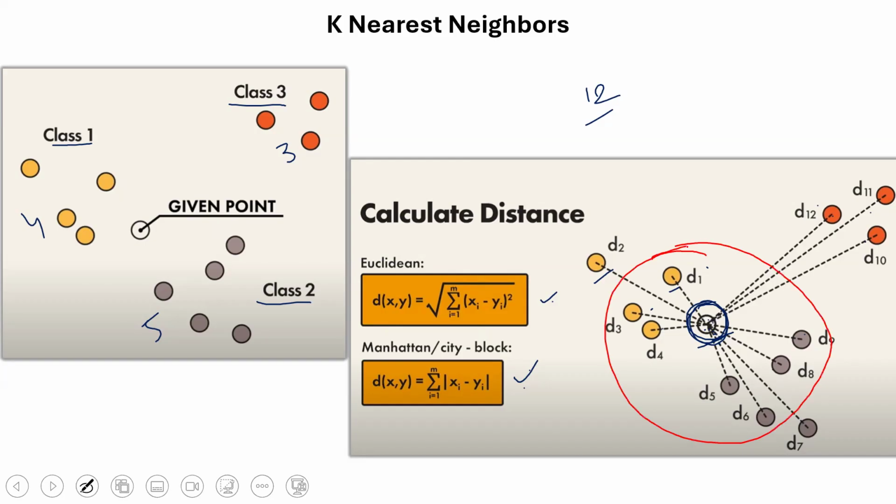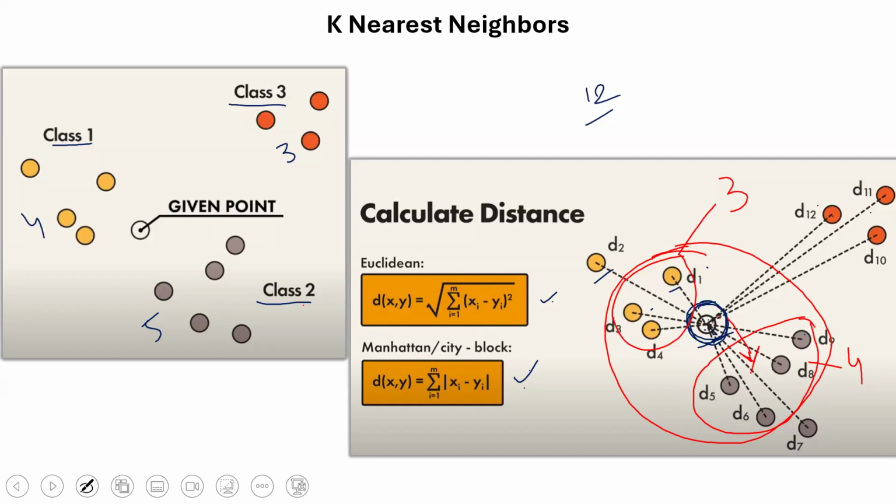Now, in these 7 points, more points belong to class 2, which is the gray class, right? The count of these points is 3 and the count of these points is 4. So it makes more sense to assign this point to the class to which the points are more likely to belong.